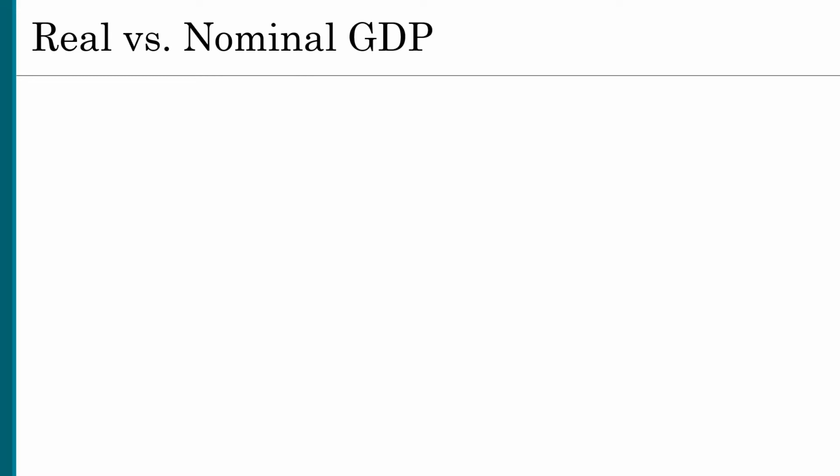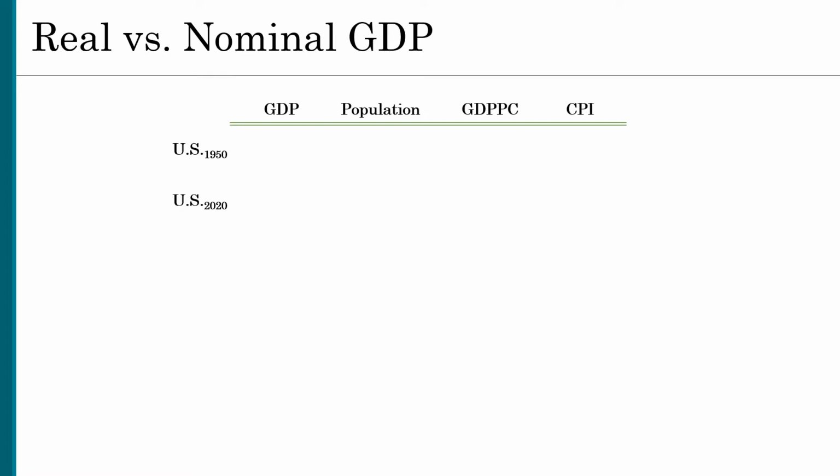Since living standards are best measured by GDP per capita, let's calculate that. Here is the data for GDP, or what we'll now call nominal GDP, as well as population, GDP per capita, and the CPI for the US in 1950 and the US in 2020.